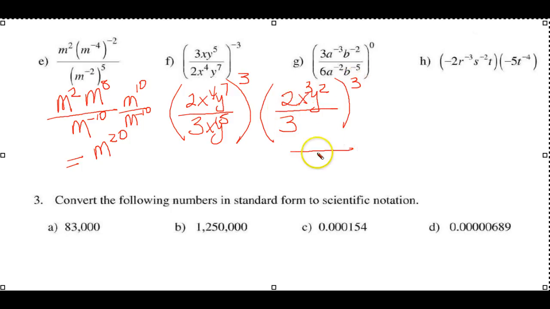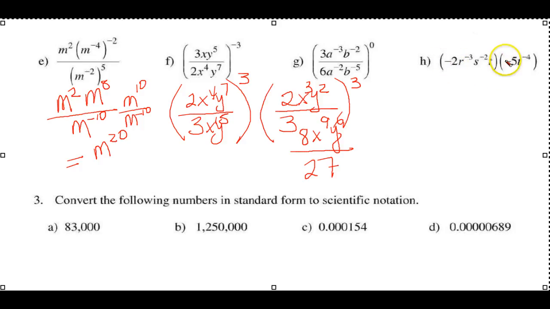Well, 3 to the 3rd power is 27. 2 to the 3rd power is 8. And then we just multiply. x to the 9th, y to the 6th. And that's our answer.